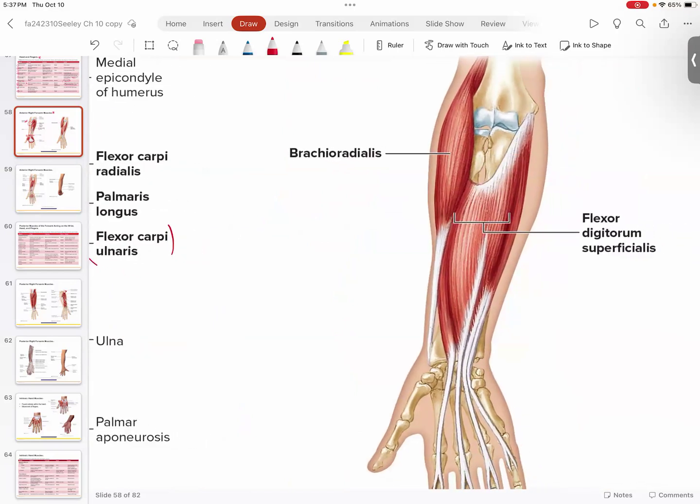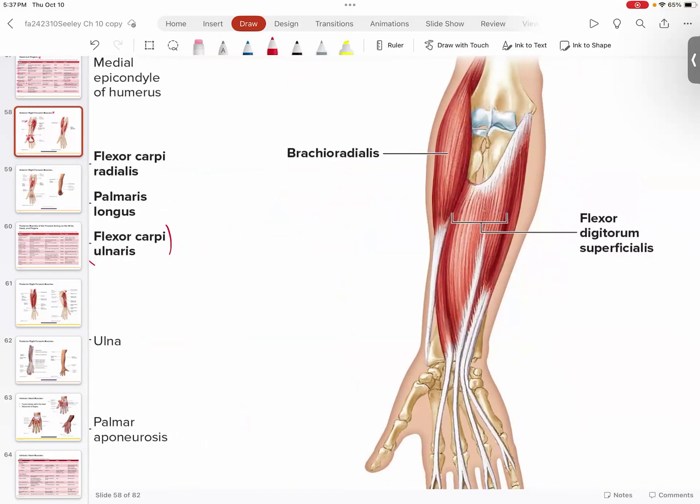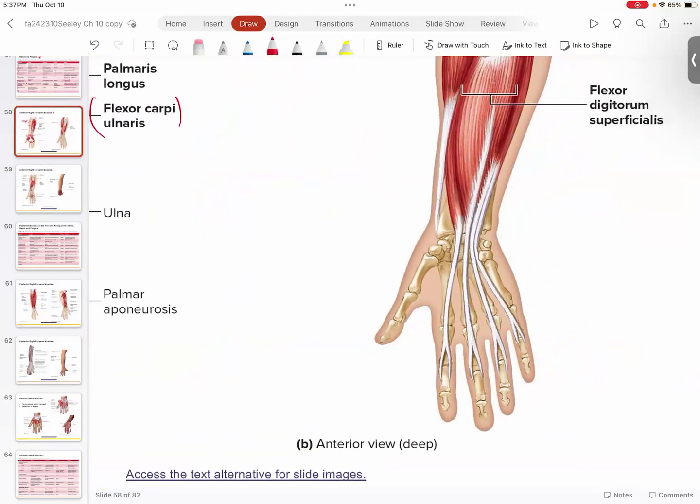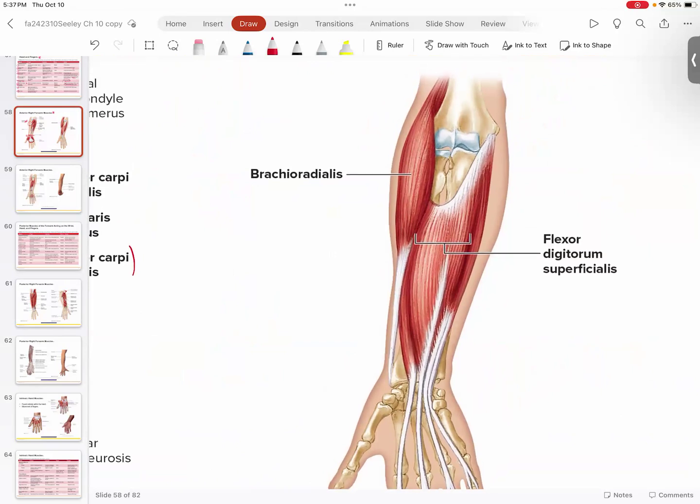As you take a look at the anterior view, we're putting the deeper side of things in here. You can see your brachioradialis, which is attached to your brachium up here, and then to your radius, that styloid process of the radius.